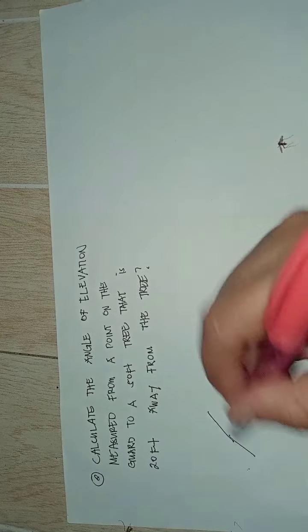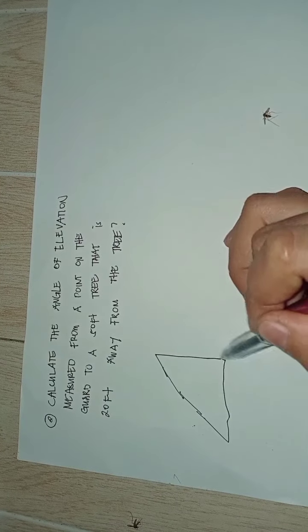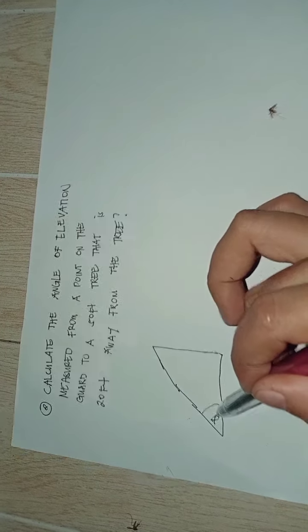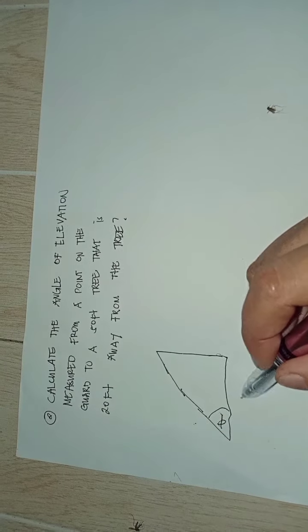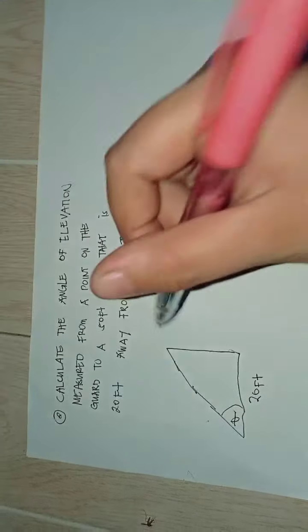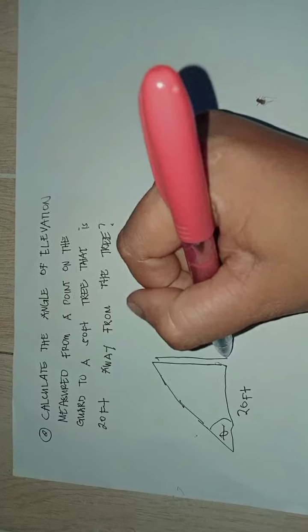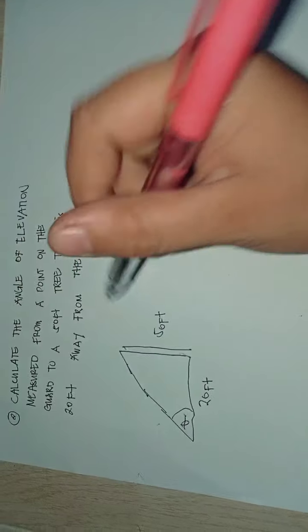We have this is theta. So the ground is 20 feet and this is the tree that is 50 feet.